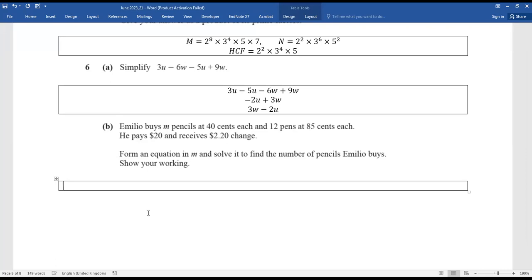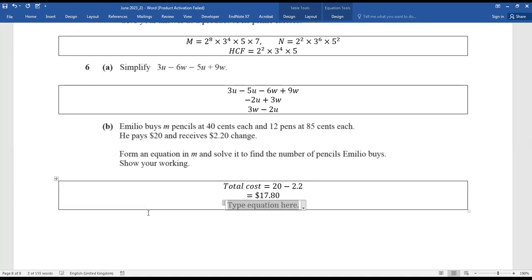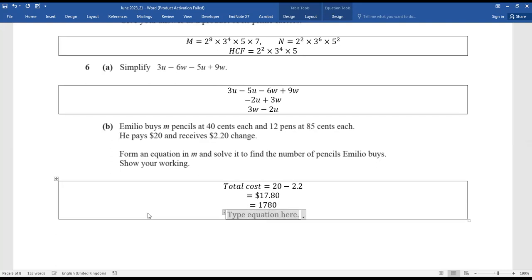So either we convert, so the total cost is 20 minus 2.2, which is $17.80. So if you want to convert it into cents, that is 1780 cents. So I'll say 40m plus 12 into 85 must be equal to 1780.